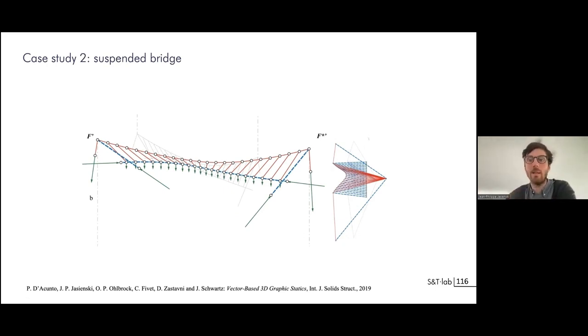Then in the second design step, we will do a shear transformation and a non-uniform scaling along the y-axis so that we adjust the form diagram to the specific support constraints.